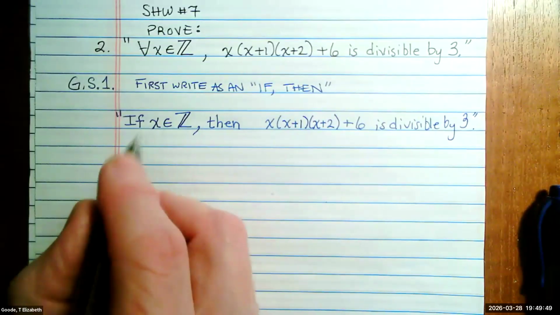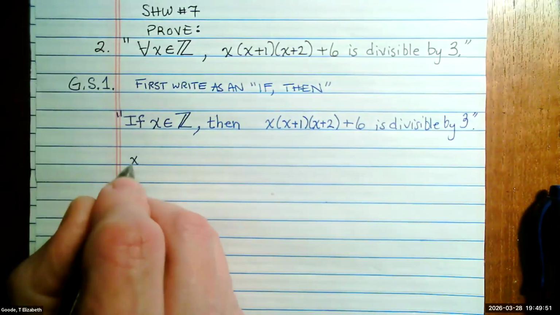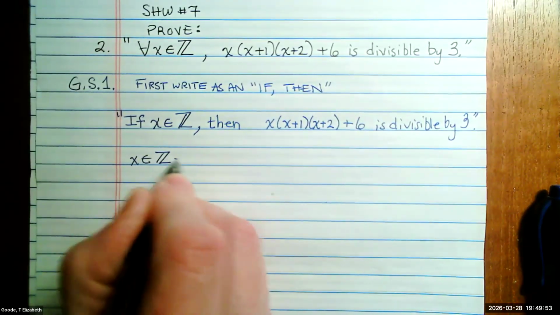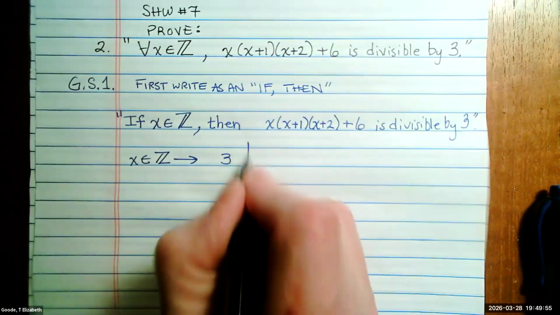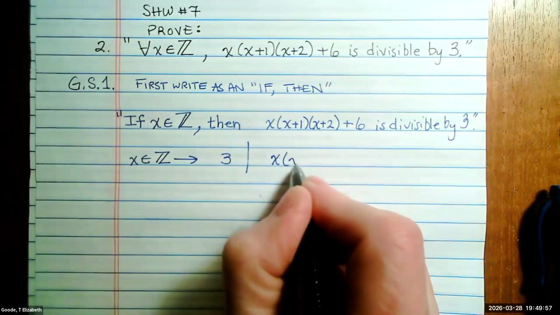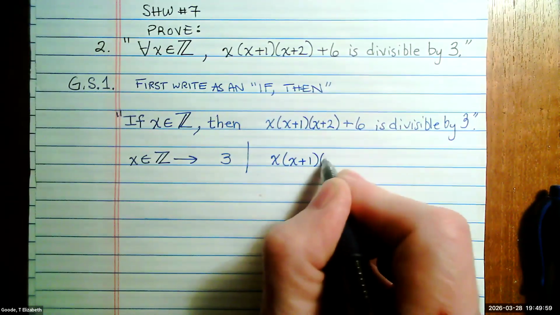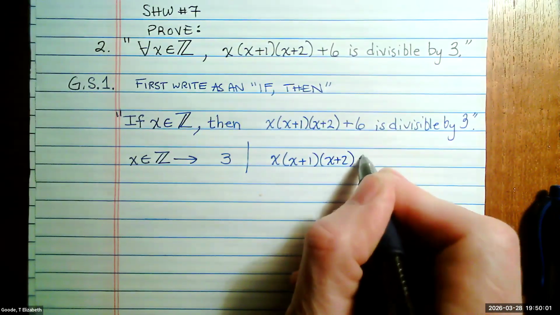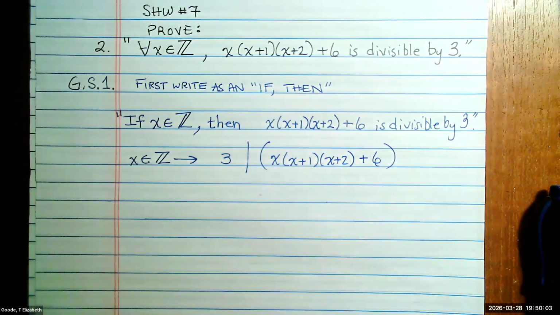Good. Another way to think about it is: if x is in Z, then 3 divides x times (x plus 1) times (x plus 2) plus 6. Either way.